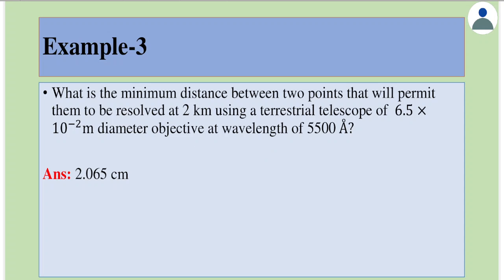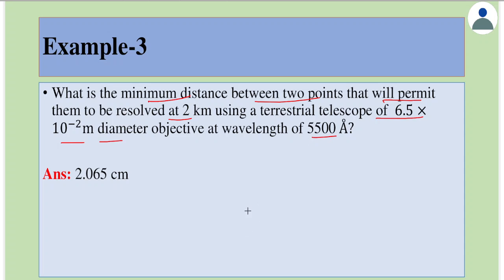Example 3 says, what is the minimum distance between 2 points that will permit them to be resolved at 2 km using a terrestrial telescope of 6.5 into 10 power minus 2 diameter objective at wavelength of 5500 angstrom.